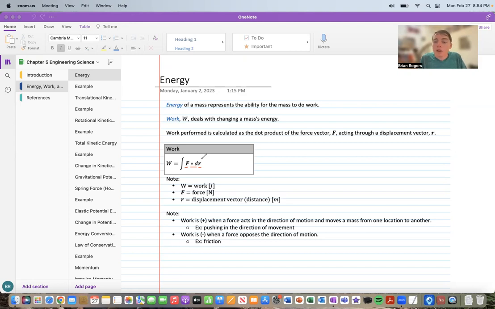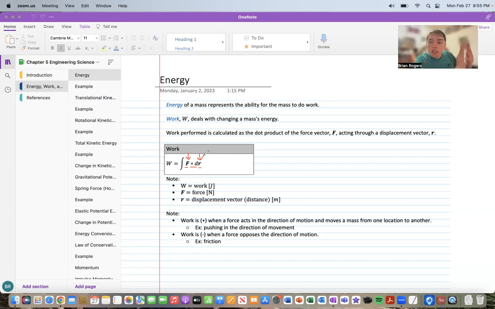And so work is positive when you're applying a force, so you're either pushing or it can be pulling. So work is positive when a force acts in the direction of motion. So we're going to see that our force is in the same direction as our displacement vector.